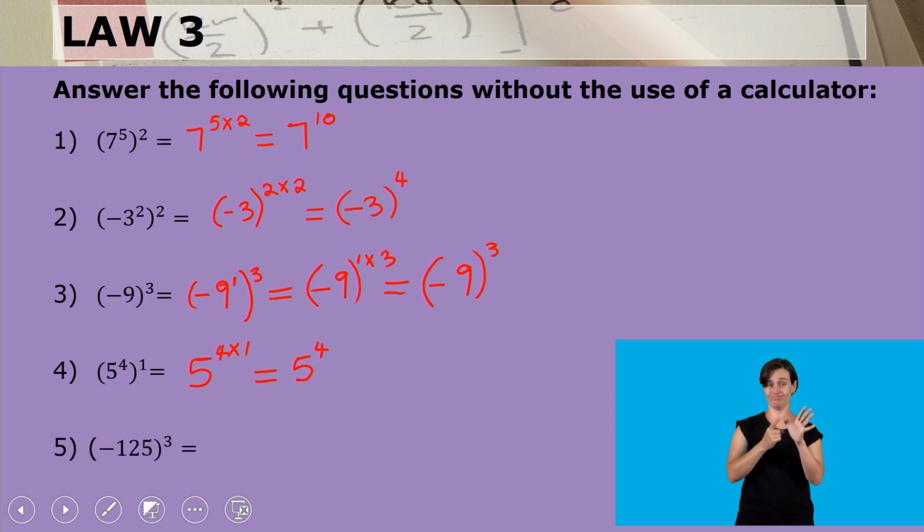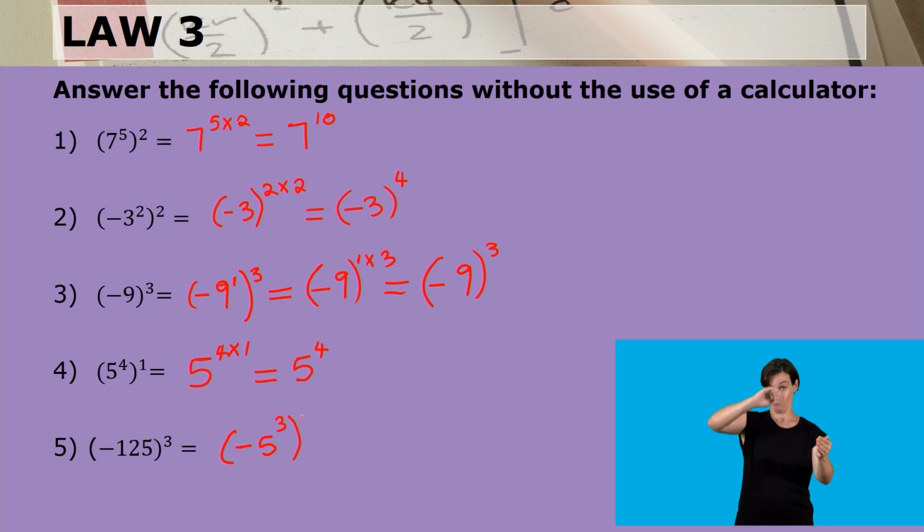And our last one there, we have a negative 125, and then we are supposed to raise it to an exponent 3. Now, if we remember our cube numbers correctly, then we would know that negative 125 can be simplified to negative 5 exponent 3.